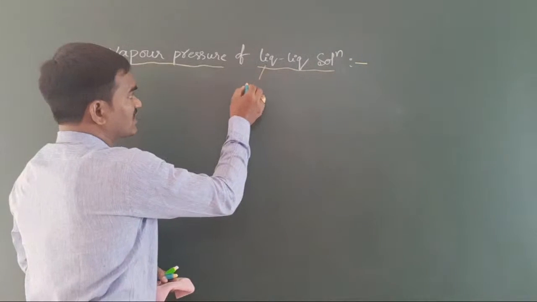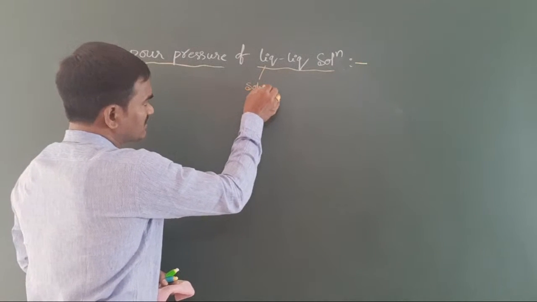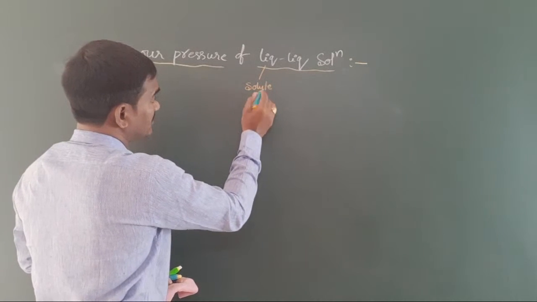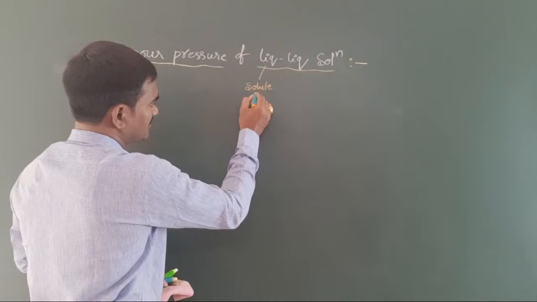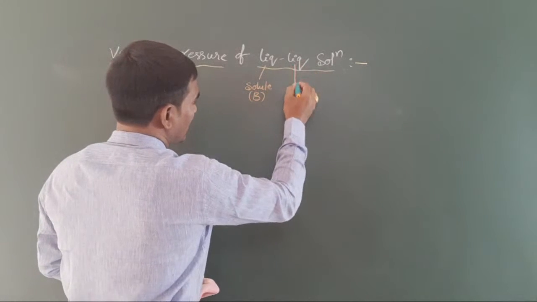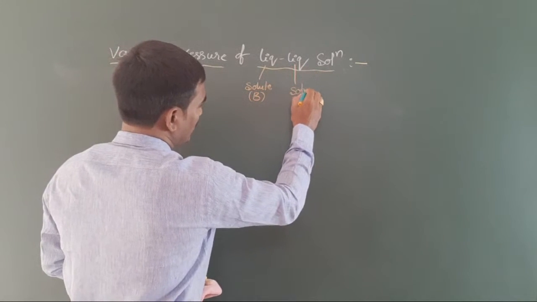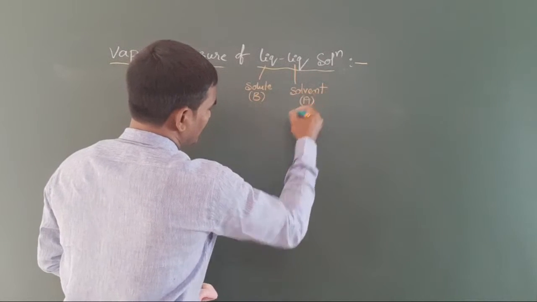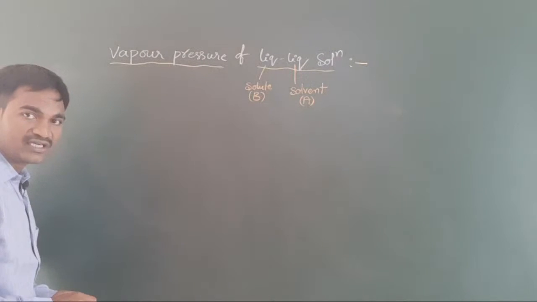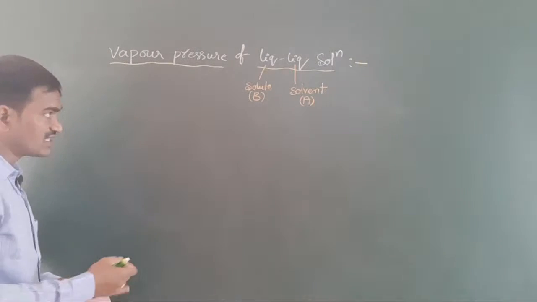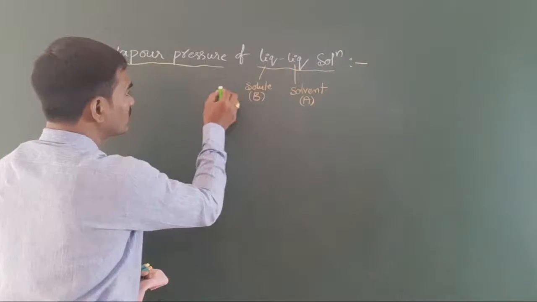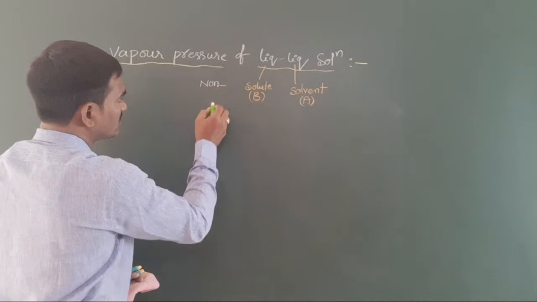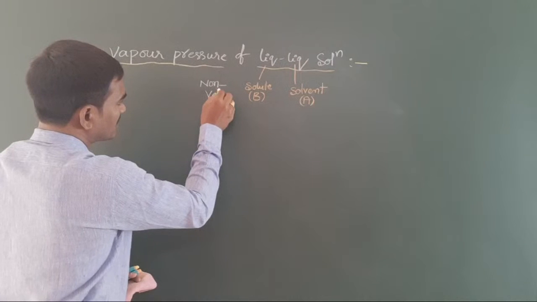This one you consider as the solute. This is considered as solute, and I am taking it as B. Don't forget about this. And this one I am taking as the solvent, which I am taking as A. Have you got it? So the point we need to understand is this solute is non-volatile. This is very important. Solute is non-volatile.